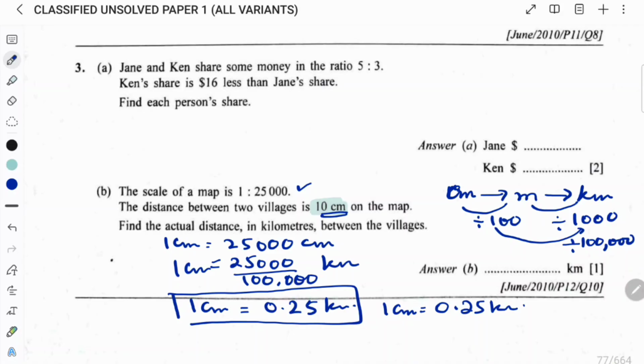You can even take decimals as well. We need to find the actual distance in kilometers. So x kilometers, and 10 centimeters on the map. Remember to write down in the same line. So cross multiply. x is equal to 10 times 0.25, that is equal to 2.5 kilometers. So 2.5 kilometers is the answer for this question.